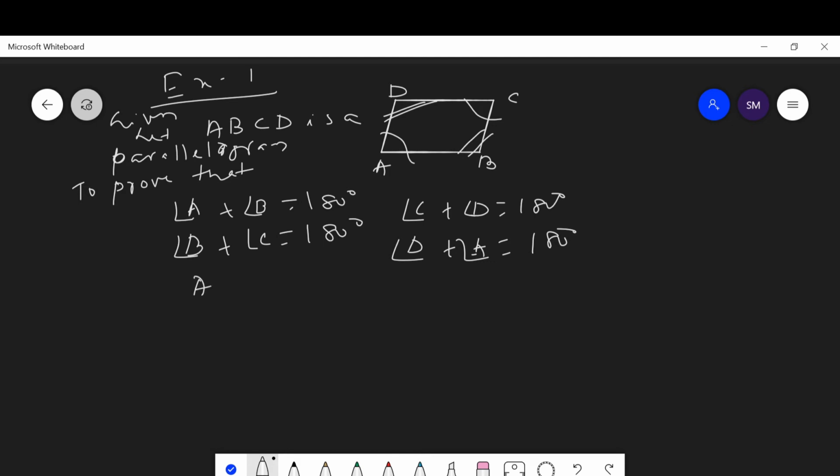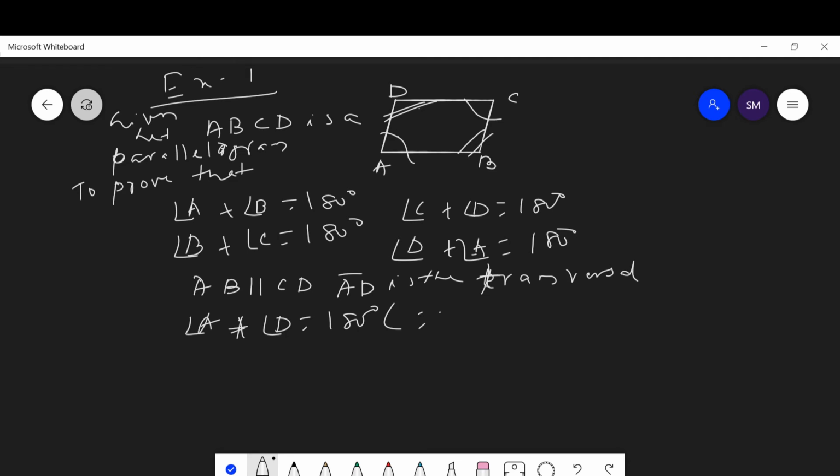As AB is parallel to CD and AD is the transversal, then according to the parallel sides and transversal property, these two angles' sum is 180 degrees, because angle A plus angle D is equal to 180 degrees, since the sum of interior angles on the same side of the transversal is 180 degrees. The sum of co-interior angles is equal to 180 degrees.